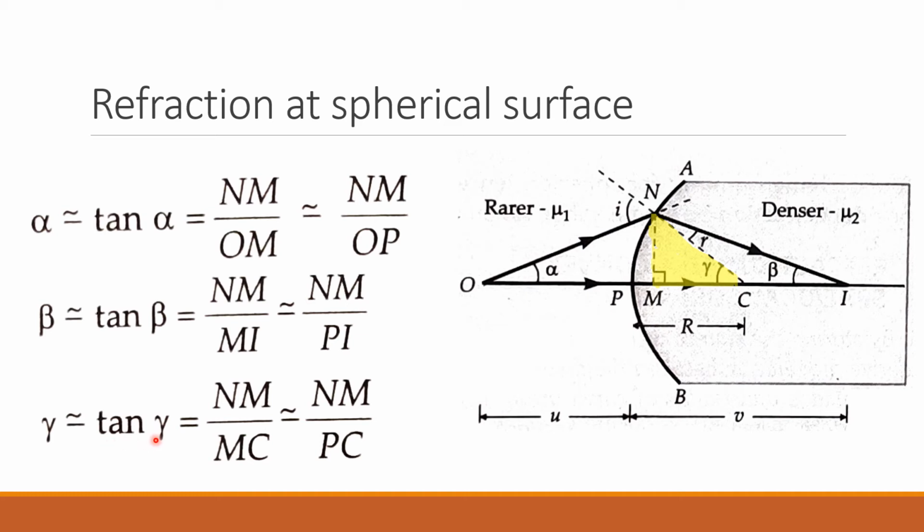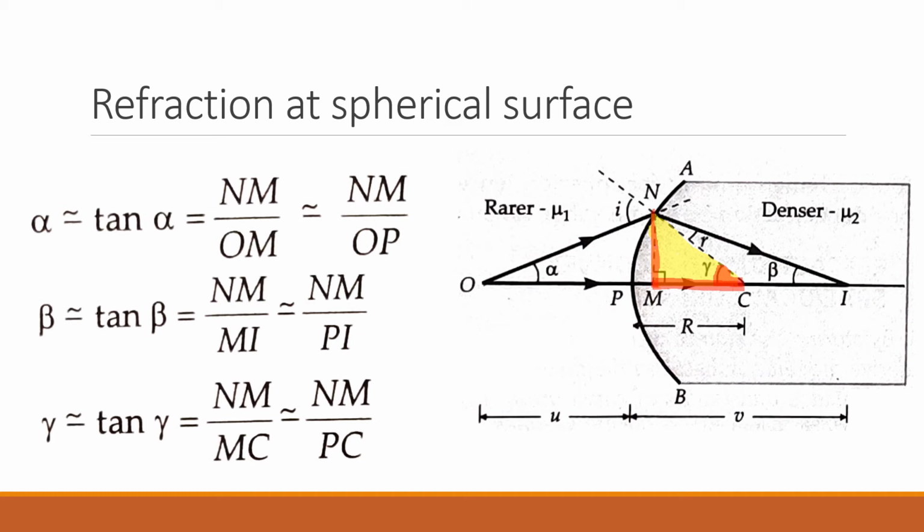So what is tan gamma? Tan of this angle gamma is equal to the ratio of the opposite side NM by your adjacent side MC.